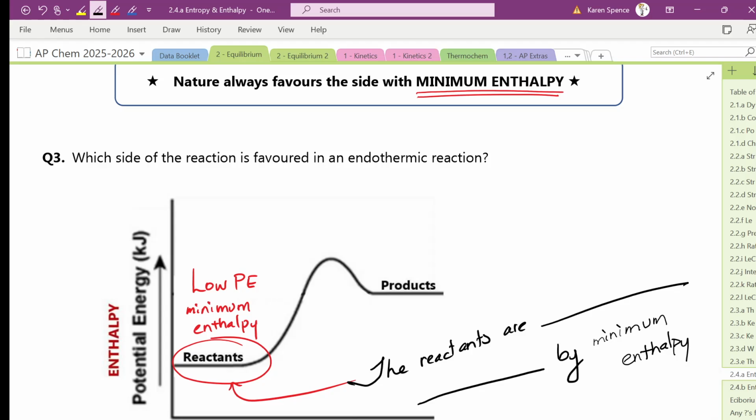The reactants are, what is that language that we want to use? Thermodynamically favored by minimum enthalpy.